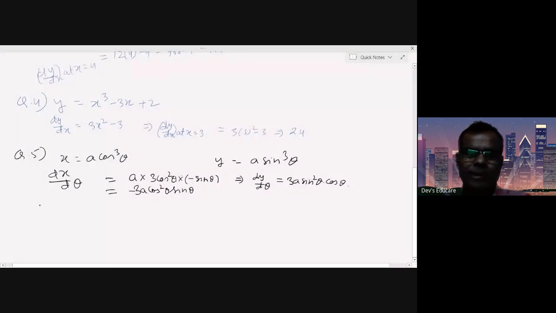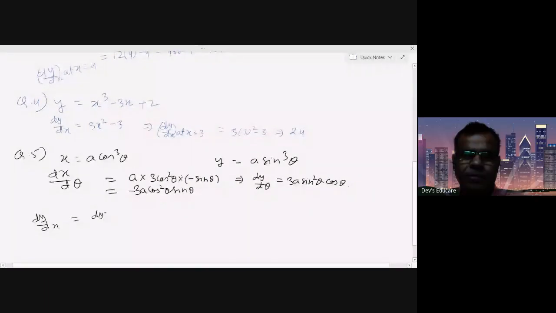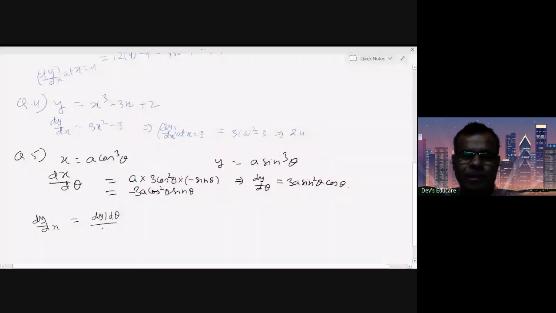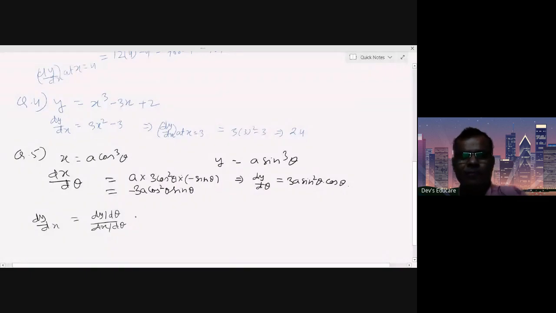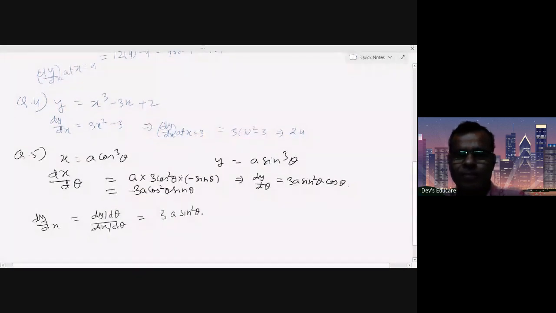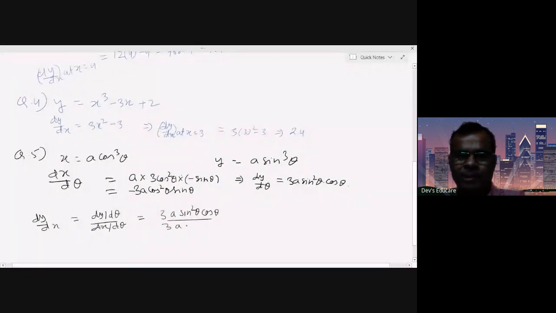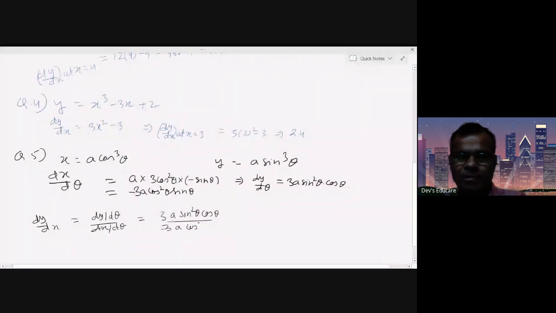So finding dy by dx, this will be dy upon d theta and dx upon d theta. So this will be 3 times a sine square theta cos theta divided by minus 3a cos square theta into sine theta.